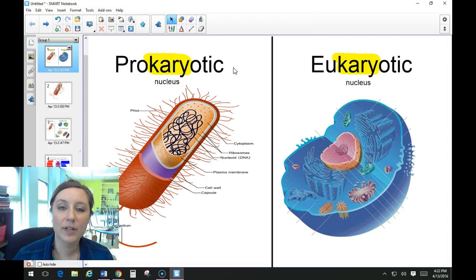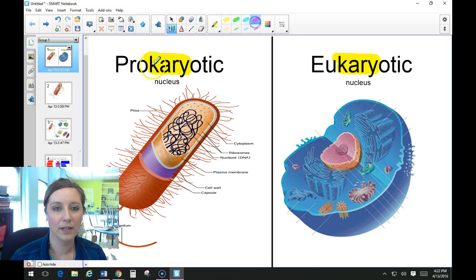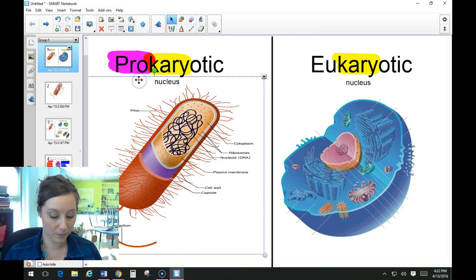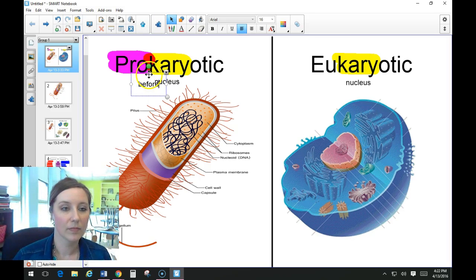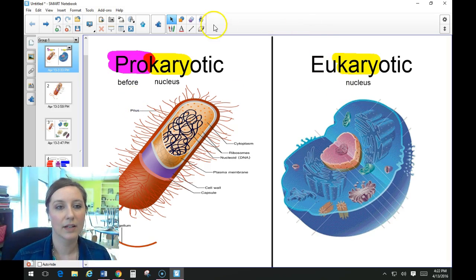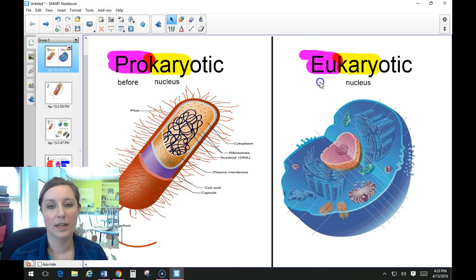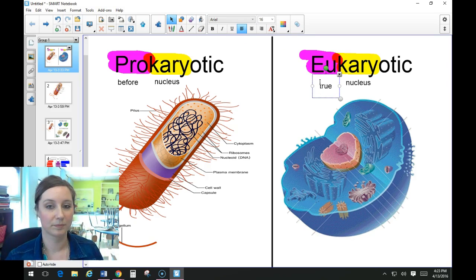Now we need to look at the prefixes for each word. Pro, I'm not sure if you've gotten this word in language class yet or not. Pro actually means before. So the word prokaryotic means before nucleus. The prefix eu stands for true.